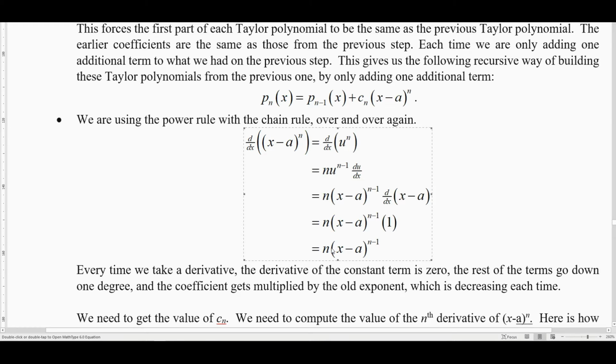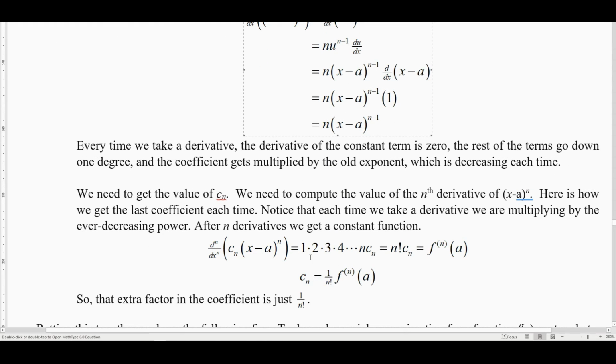But every time we take a derivative, we're multiplying by the old power. So we have an n, then an n minus 1, then an n minus 2, and so forth. And you end up with all the factors up to n for that c sub n, that nth derivative. Well, we know that there's a shortcut notation for that, which is called n factorial. We've seen that before. So this is n factorial times c sub n, and we want that to agree with the nth derivative at a.